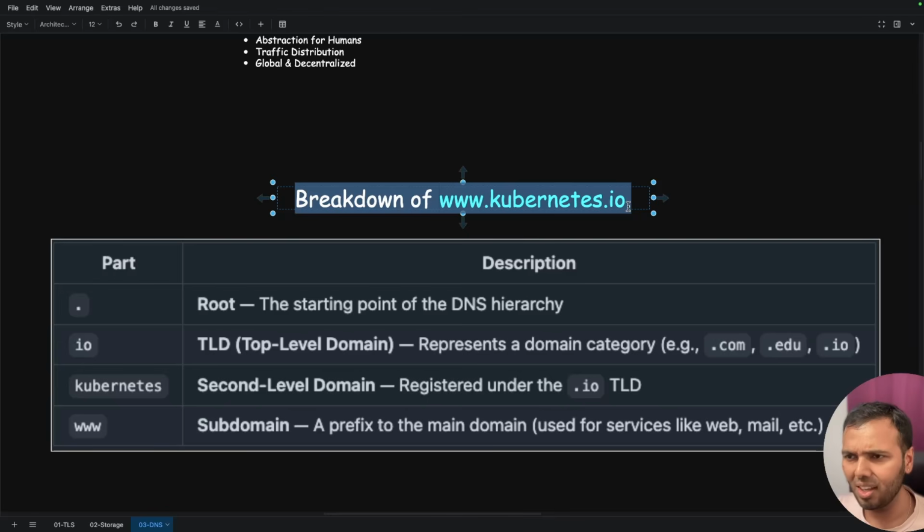So dot is the root. What is IO? IO is the top level domain, often called TLD. There are multiple TLDs. .com is a TLD that is used for commercial purposes. .edu is a TLD that is used for educational purposes. .io is a TLD that is often used by technology organizations and startups.